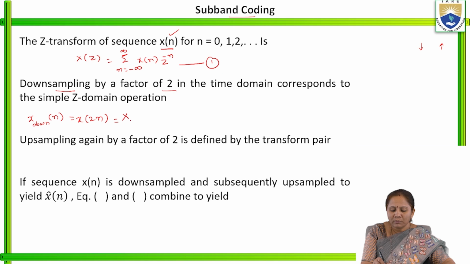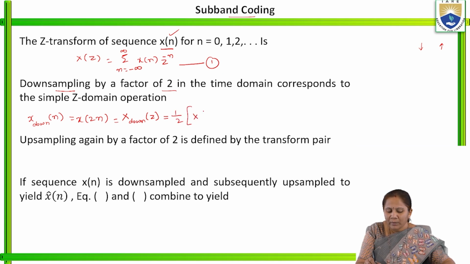In the Z transform, x down of z is equal to 1 by 2 of x of z power 1 by 2 plus x of minus z power 1 by 2. Consider this as equation number 2.